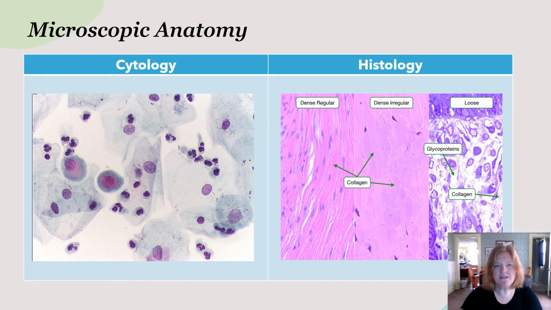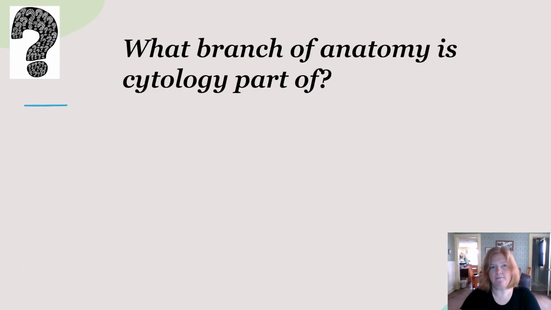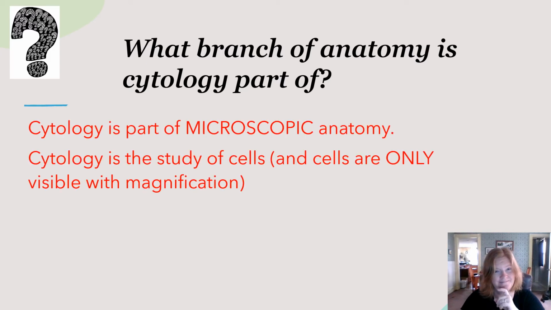And then for microscopic, we have cytology, which is cells, and then histology, which is tissues. So what branch of anatomy is cytology part of? Microscopic anatomy. Remember, cytology is study of cells, structure of cells, and cells are only visible with magnification.